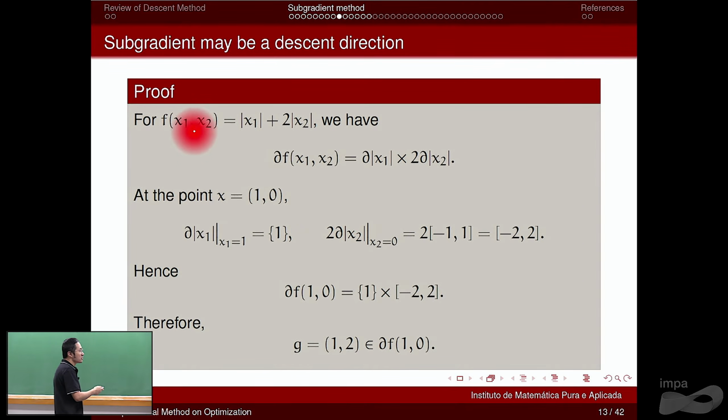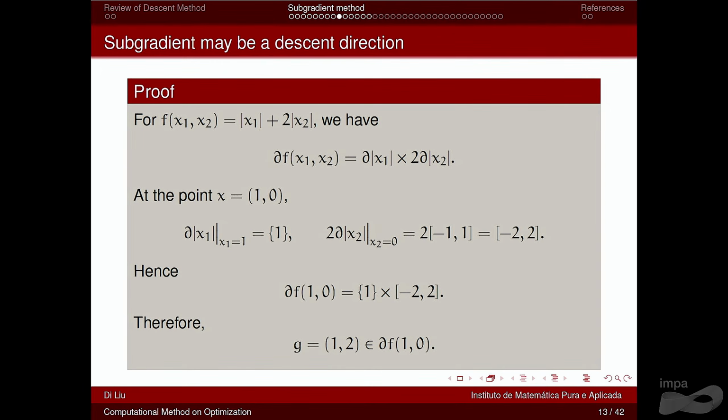Okay, for this function, we can see the subgradient of the function is the subgradient of the absolute value of x1 plus 2 times the subgradient of the absolute value of x2, okay? And at this point, for the first part, the subgradient is 1, okay? The subgradient is 1, because we have already analyzed this, okay?